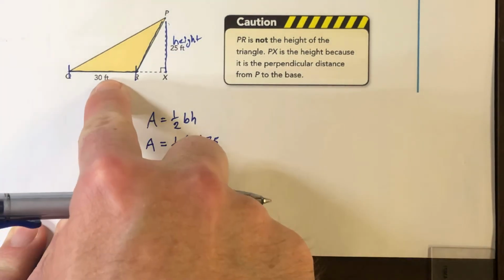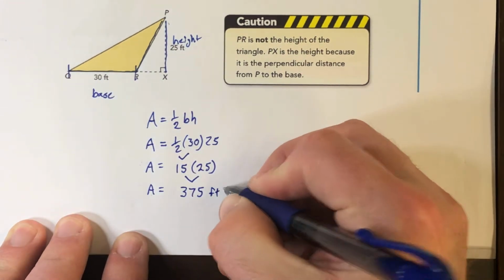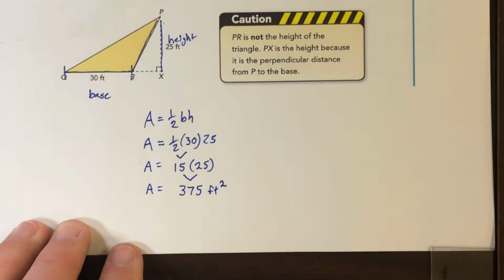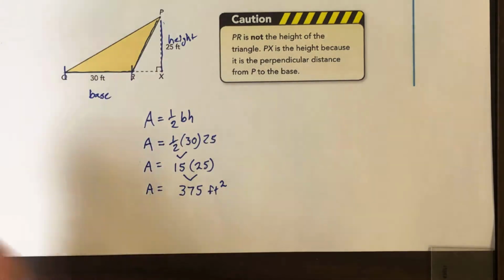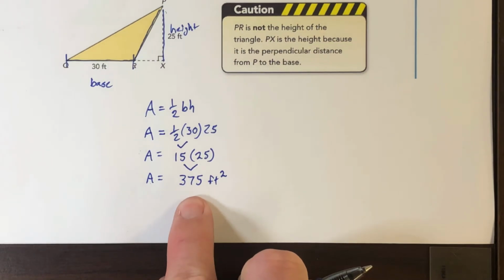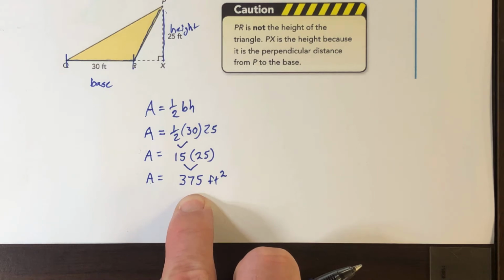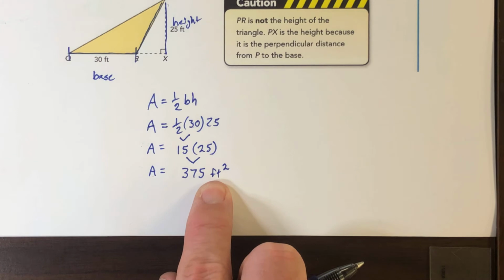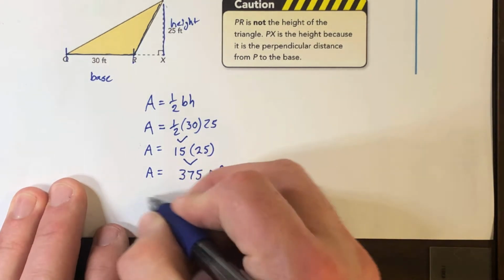Exactly. Feet squared. That means this triangle in real life can be covered in 375 feet squares, the size of a foot. So that is our answer.